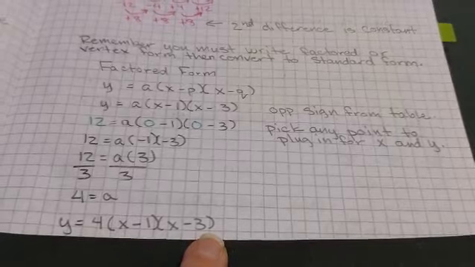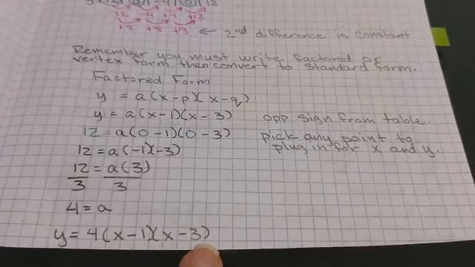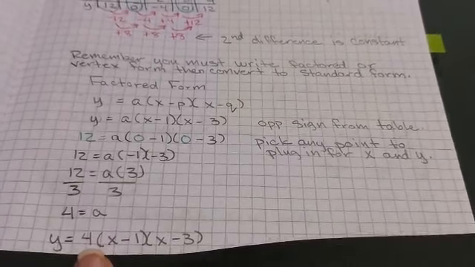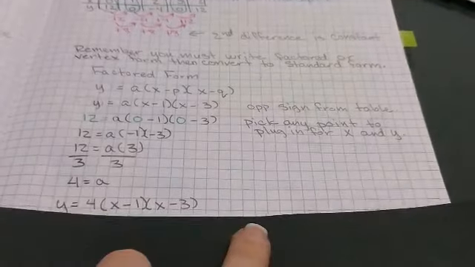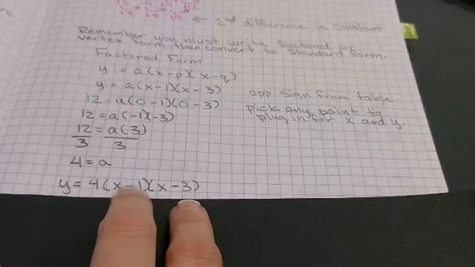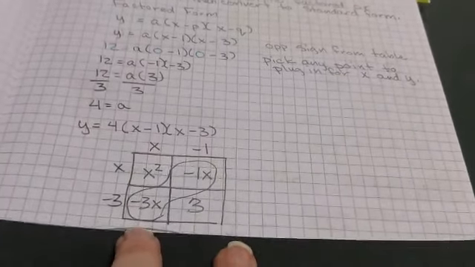Well, our goal is to solve it and put it in standard form. We have it in factored form, so we talked about how to get it in standard form. So first thing I'm going to do is multiply my x minus 1 and my x minus 3 together using my Punnett square.